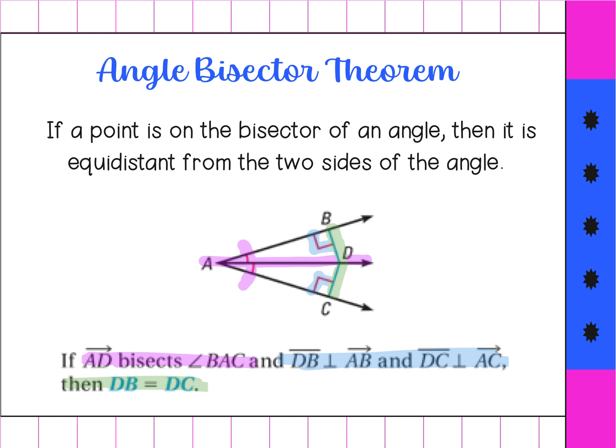I'm proving that these are congruent right here. So I'm going from my angle bisector to equal distance segments.